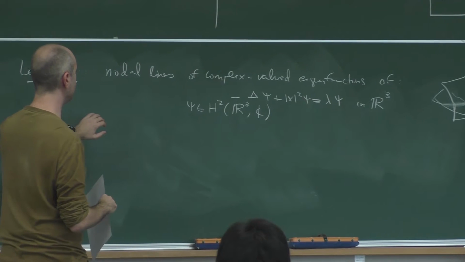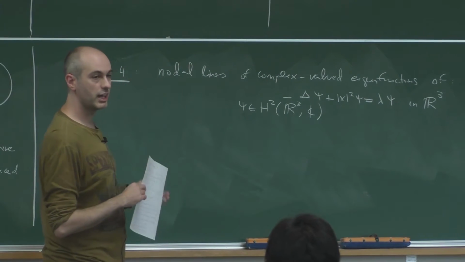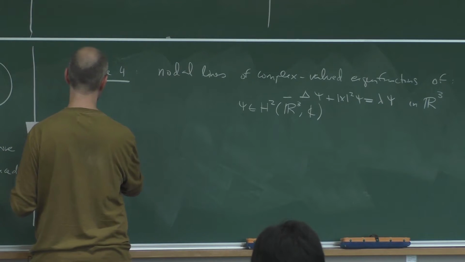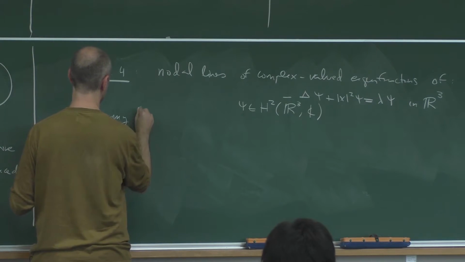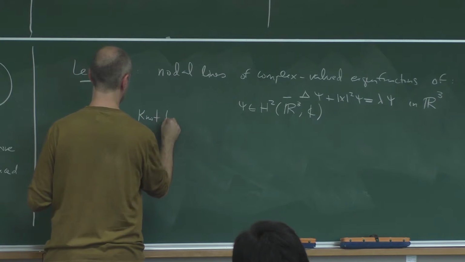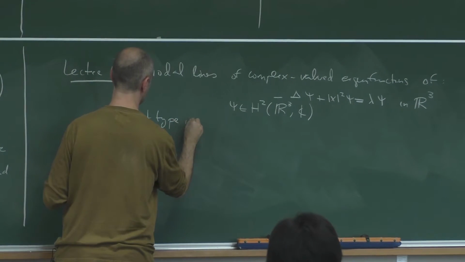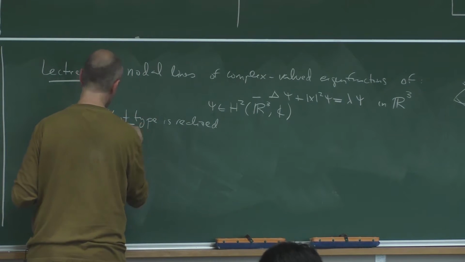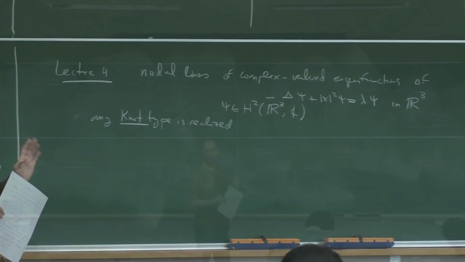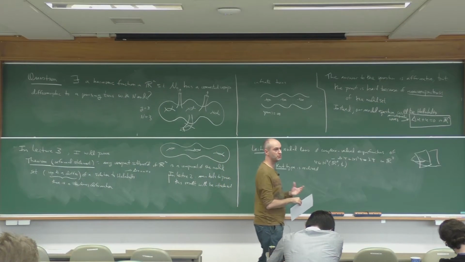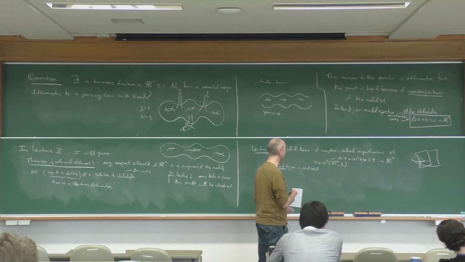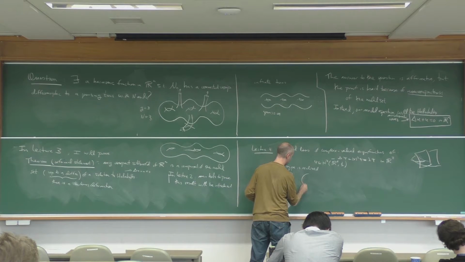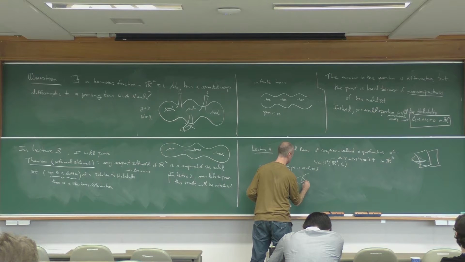So what I will prove is that any node type is realized. I explain what a node is: a node is a closed curve in space. It can be a simple curve like this, or it can be a coil, or it can be many things.